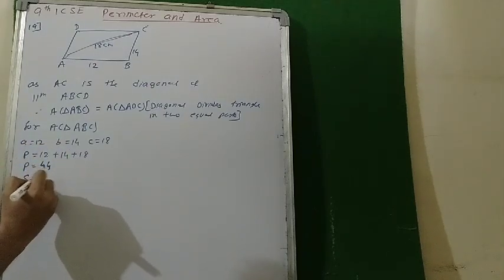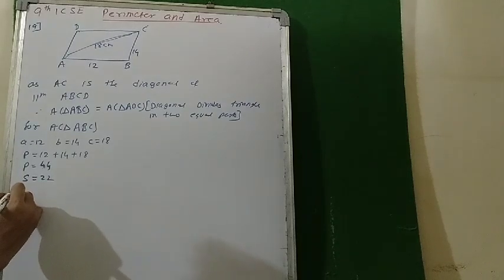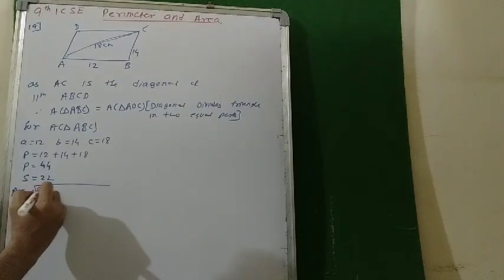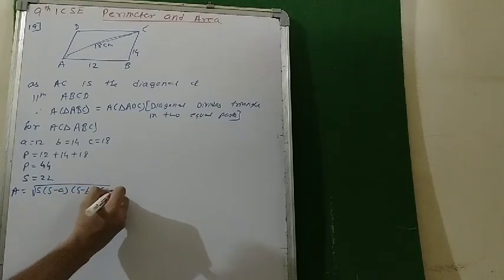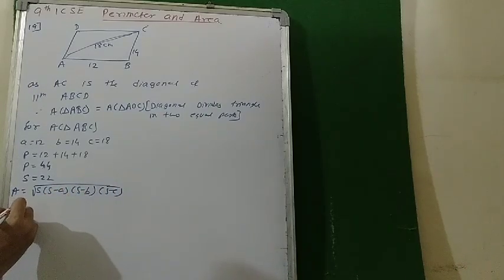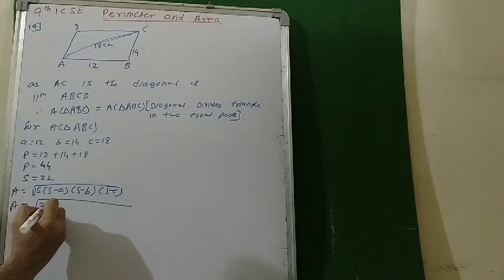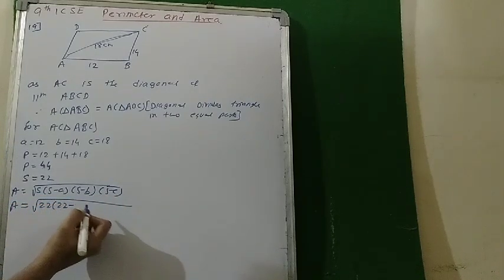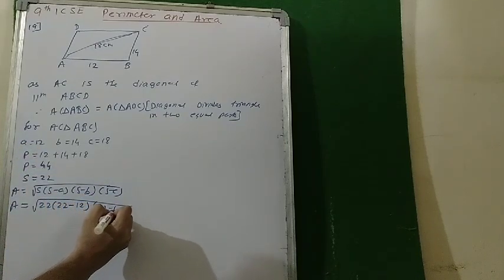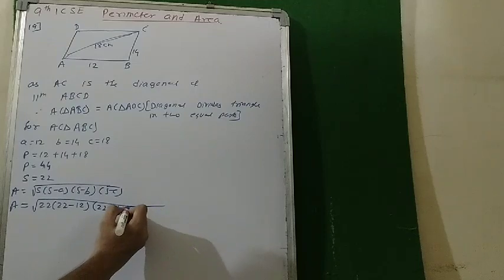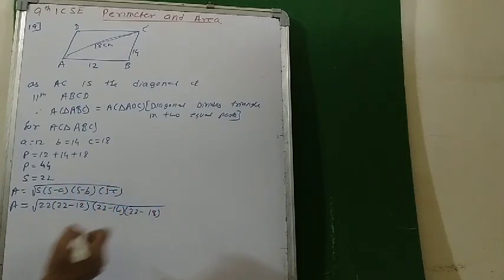So the semi-perimeter is 22. Then we need to find the area. Area is equal to the square root of S into S minus A into S minus B into S minus C. So the area is equal to the square root of 22 into (22 minus 12) into (22 minus 14) into (22 minus 18).